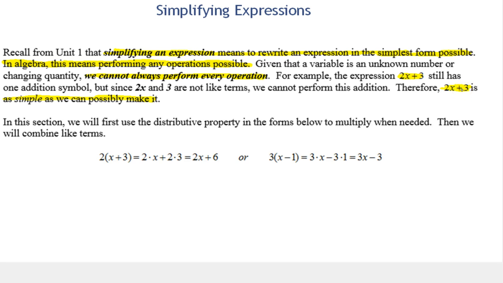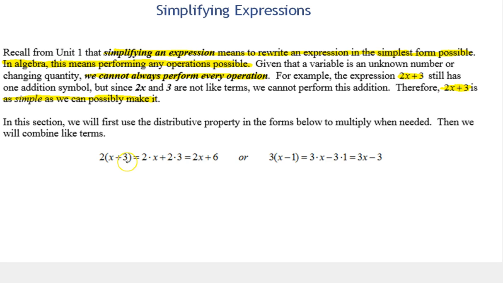Now, we use the distributive property to justify how we combine like terms, and now we're going to use it in the other way that we had looked at. For example, if we have the product of 2 times the sum of x and 3, right now we have the x plus 3 in parentheses. We don't know what x is, so we can't perform this addition first.